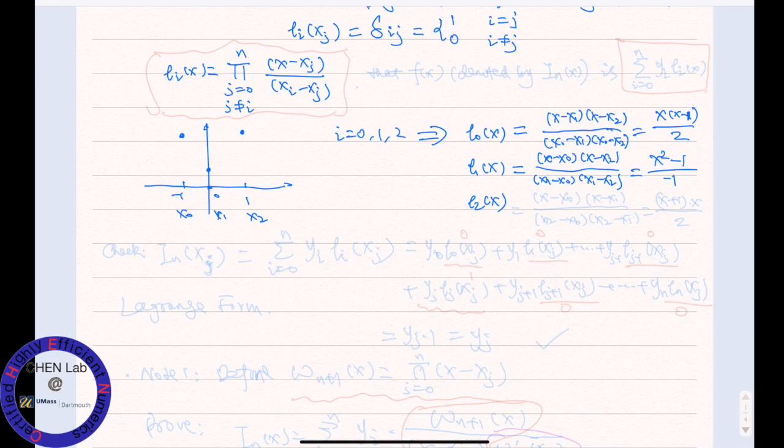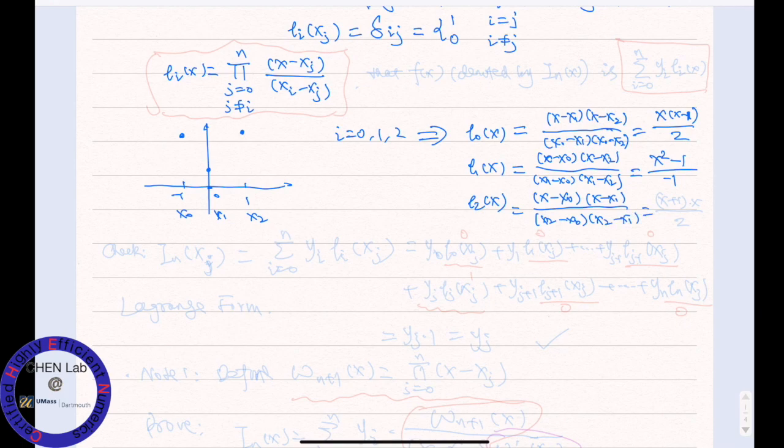So similarly, for L2, you want to be 0 at x0 and 0 at x1. So you need the factor x minus x0 and x minus x1. And normalize it, again, this is normalization. You normalize it so it's equal to 1 at your point. So it's x2 minus x0 times x2 minus x1.